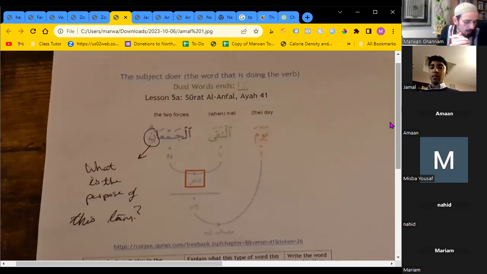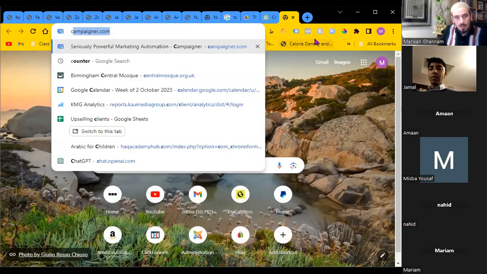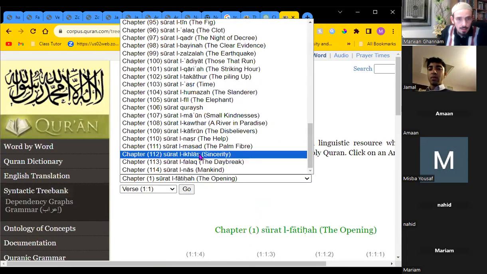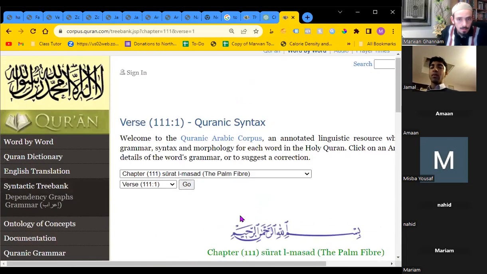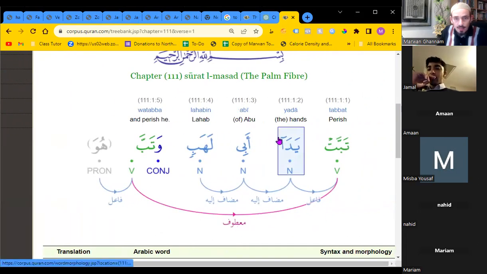SubhanAllah. I need to double check that. But this is a dual word, and the reason why is if you go to Surat al-Masad, تبت يدا, this is two hands, but there's no noon at the end.